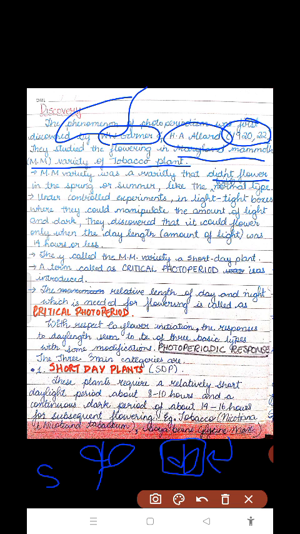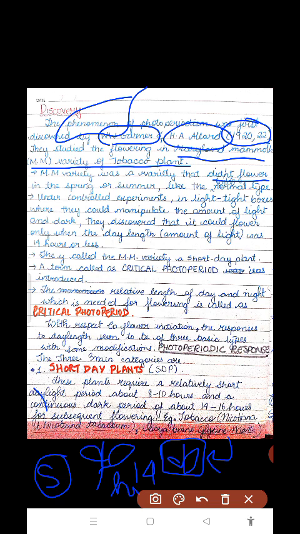So they realized that since this plant does not flower in spring, it requires 14 hours or less than 14 hours of sunlight, and then it could flower.